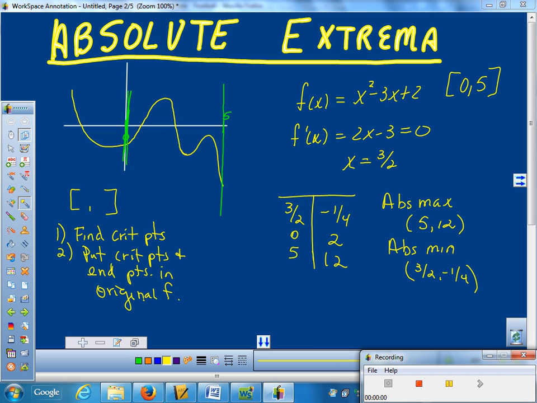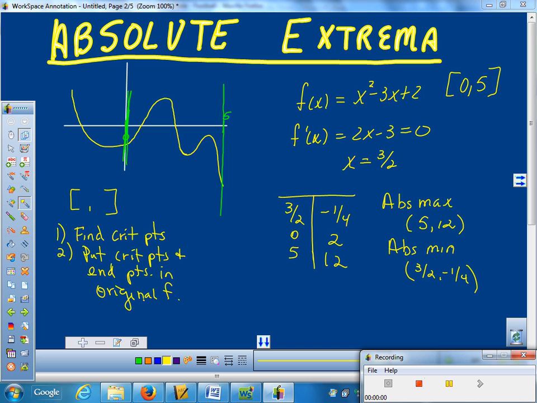The difference is they're going to give you an interval over which to find these solutions. If you'll notice looking at this graph here, before the green lines were on there, if I was looking at the whole graph, this graph would not have had an absolute maximum or minimum because it goes up forever and it goes down forever.